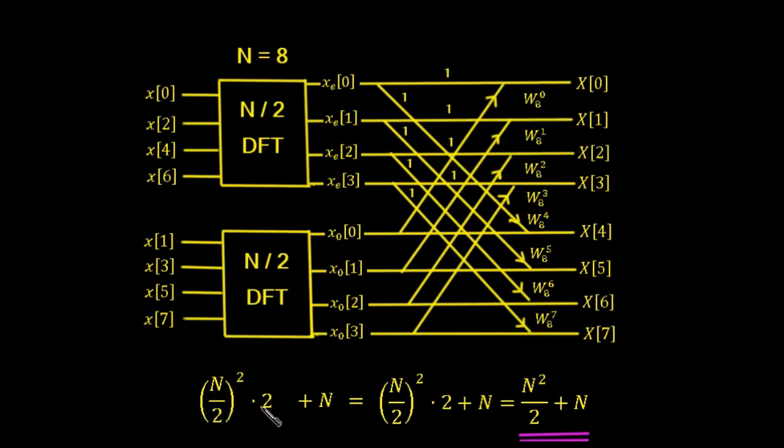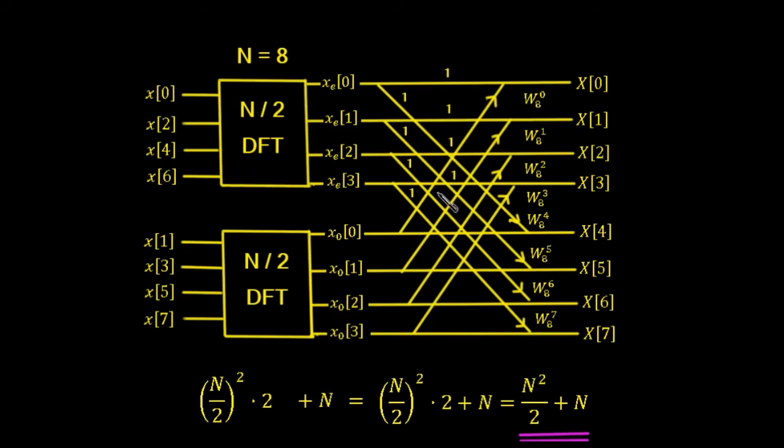So our final value then for our number of multiplications is going to be N upon 2 squared times 2 plus the N, which simplifies to N squared upon 2 plus N. So our number of multiplications is now decreased from N squared to N squared upon 2 plus N.